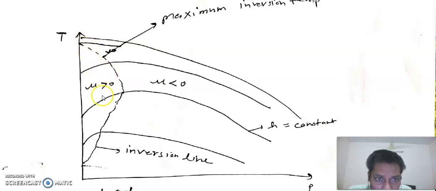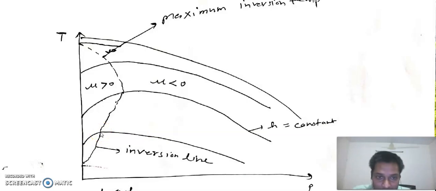So on the left hand side we have a positive slope of the line, and on the negative side of this line we have a negative value of the slope. And at the top of the line the slope value will be 0. Here we have positive slope, here we have negative slope, and at the maximum or peak of this line the value of slope will be 0.